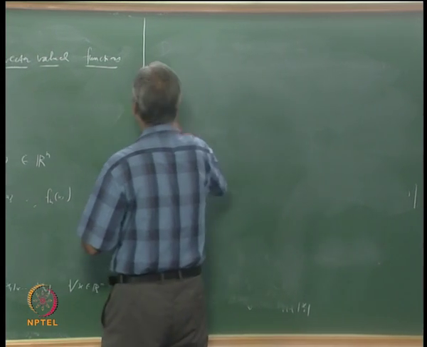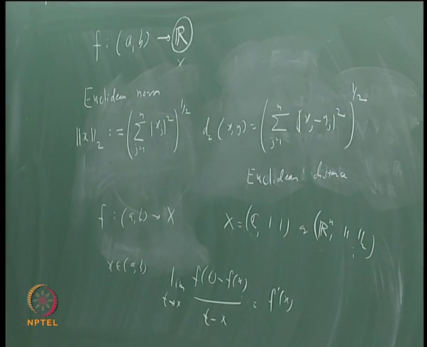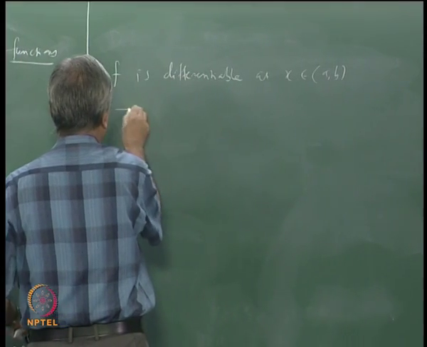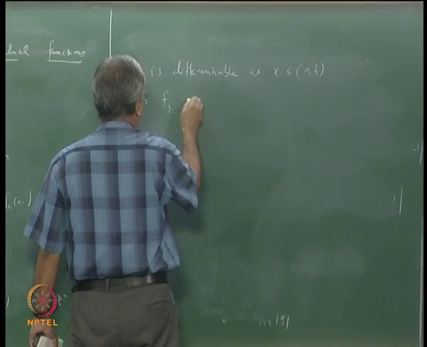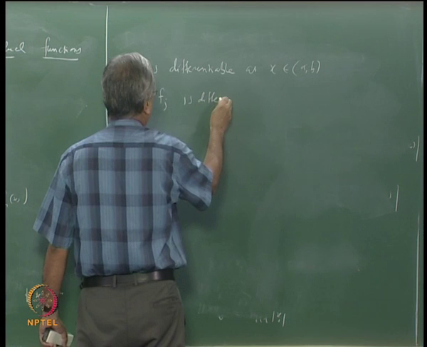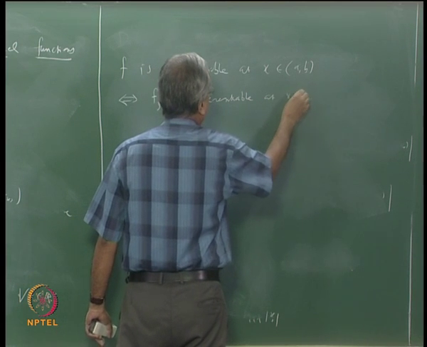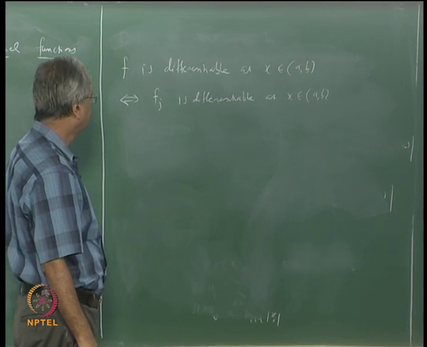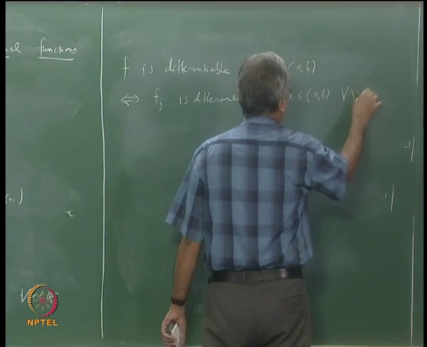That is, f is differentiable at x in (a,b) if and only if each fj is differentiable at x in (a,b), for all j equal to 1 to n.